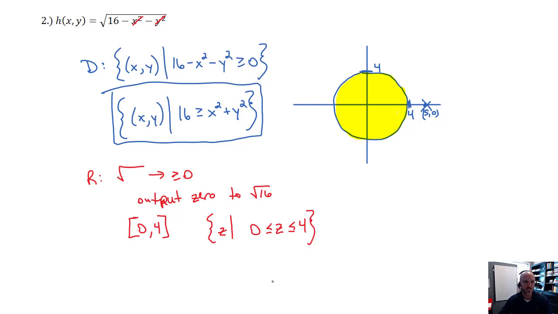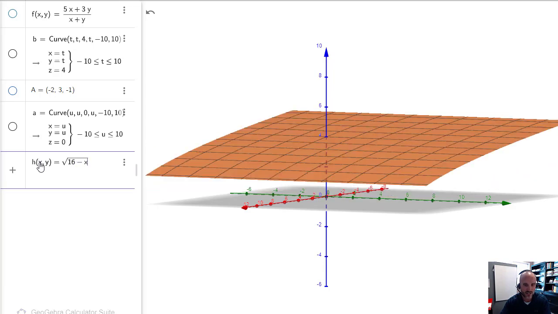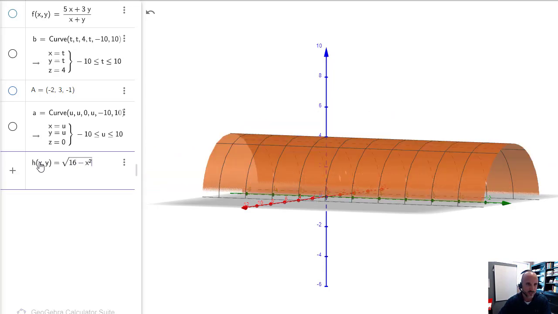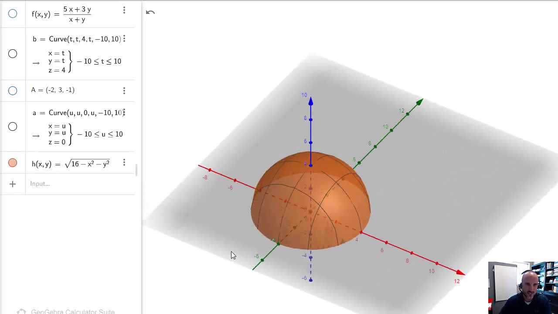Okay. Let's take a look at the graph of this function just to see what's going on here. Let me turn this guy off. So we have h of x comma y equals the square root of 16 minus x squared minus y squared. And here's our graph. You can see it's half of a sphere.